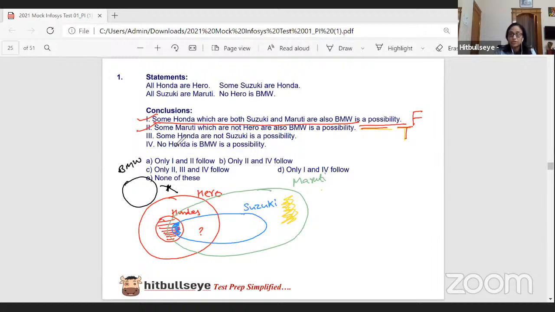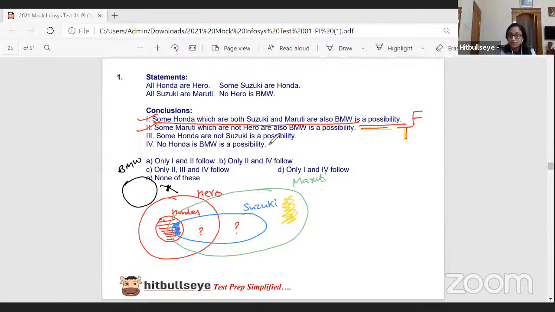Okay, now let's read the third one. Some Honda, which are not Suzuki. Some Honda are not Suzuki. Let's find this first. These are Hondas which are Suzuki. Can I have some Hondas which are not Suzuki? Yes, of course I can have, but I'm doubtful about it.